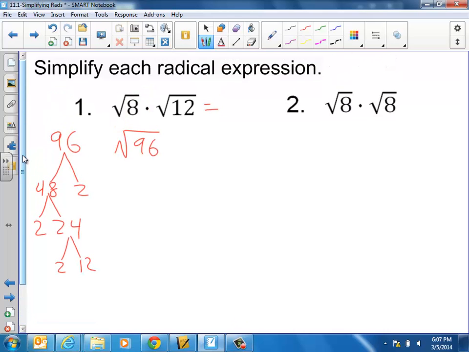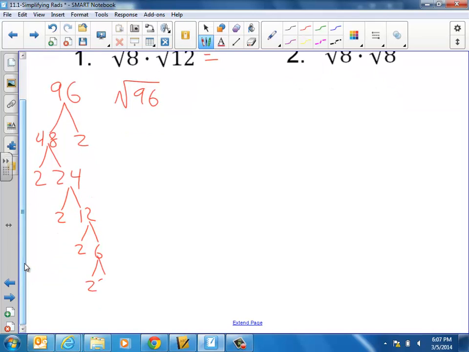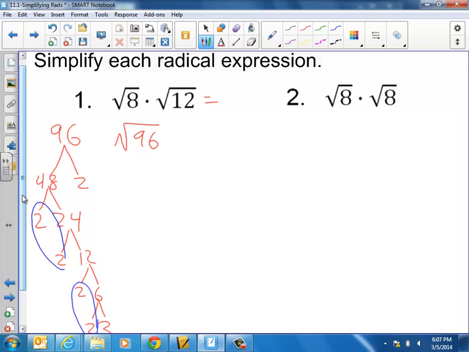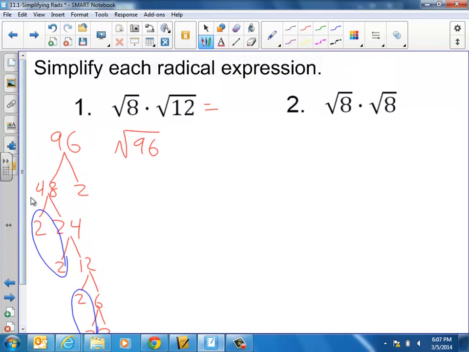We'll divide another 2 giving us 12, another 2 giving us 6, another 2 giving us 3. So we've got factor pairs here of 2 and of 2, leaving leaves here of 2 and 3 that did not get circled, so those do not come outside the radical.